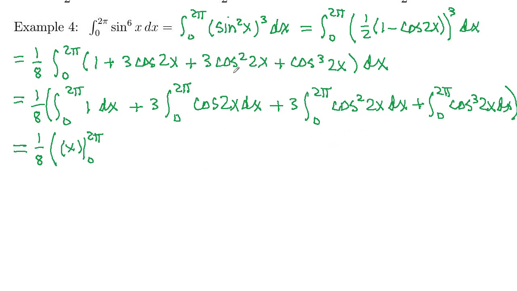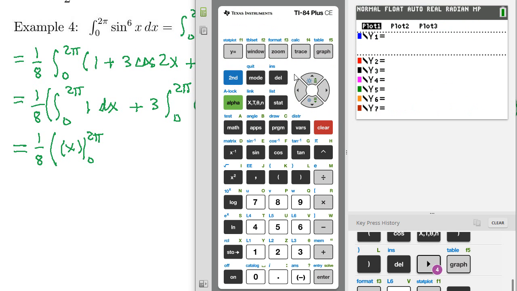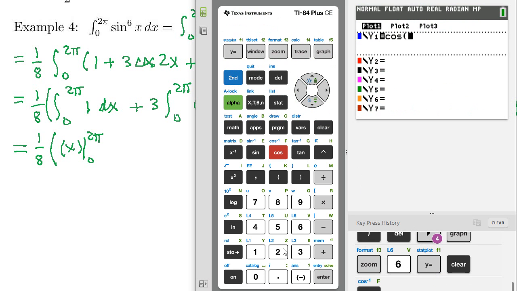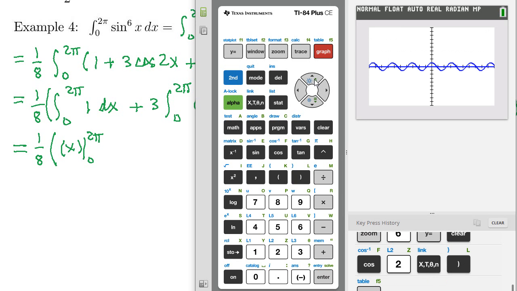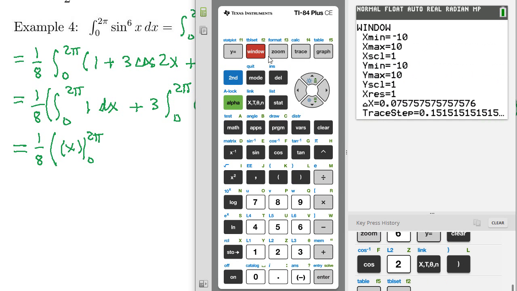And then this one, cosine of 2x, if we go ahead and graph that on the calculator. We want cosine 2x, we'll close parentheses, graph. And you can see that looks like a regular cosine curve. We're doing 0 to 2 pi, so let's go to our window. For our x min, let's do 0.